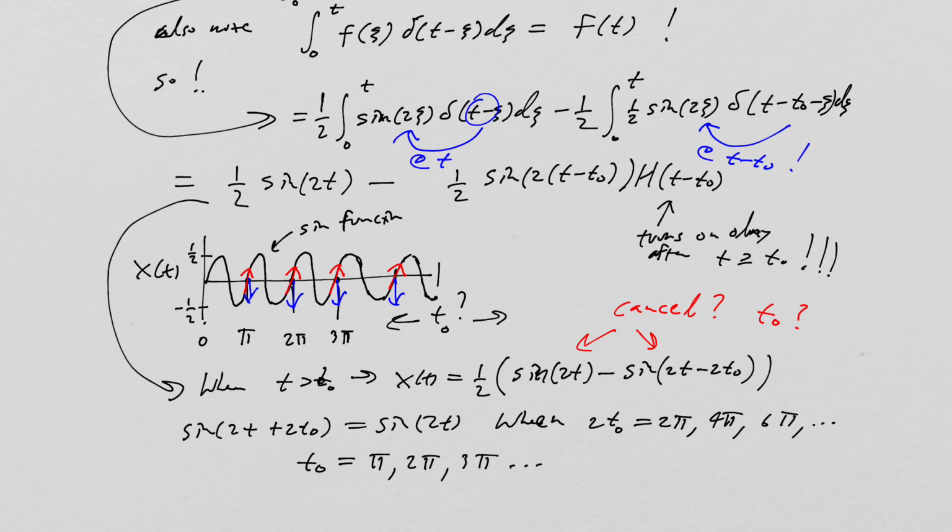So to redraw our graph, let's pick a specific value. Let's say we pick t naught to be equal to 3 pi. Then what is our answer going to look like? Well, it's going to look like this.